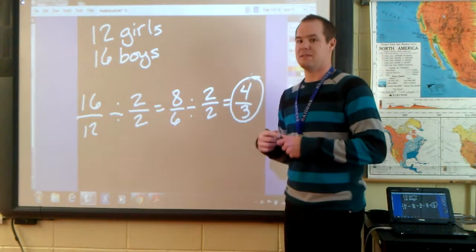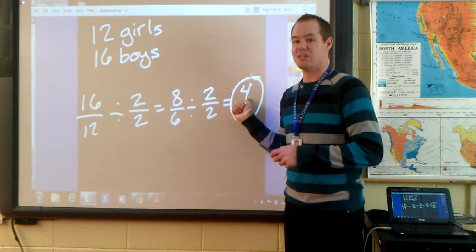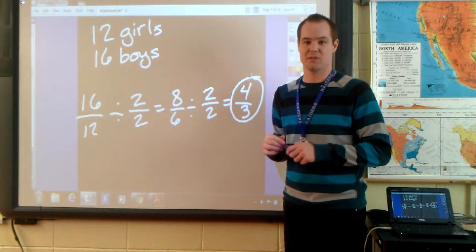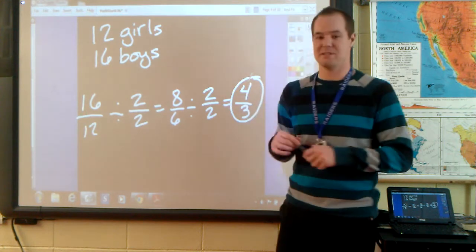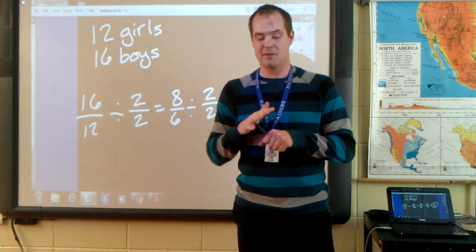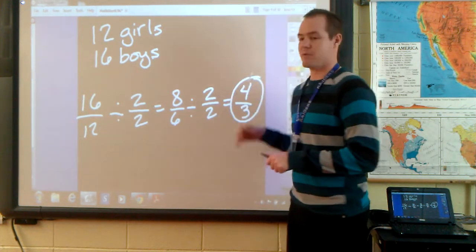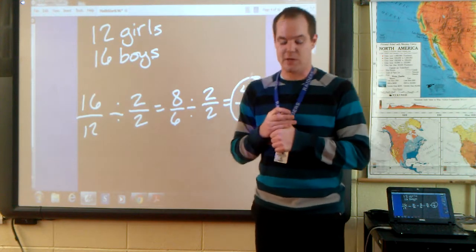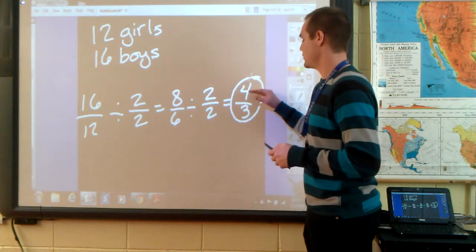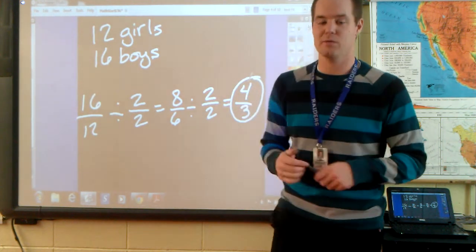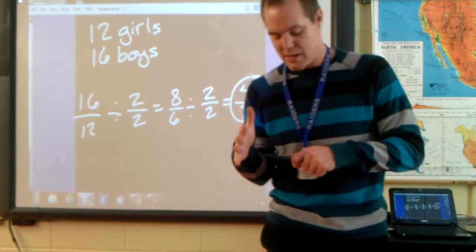Okay, and this is a reduced fraction as far as ratios are concerned. It of course is an improper fraction, but because we're dealing with ratios, improper fractions are okay. So the ratio of boys to girls is 4 to 3, and that's what you'll write down for Example 1, your answer.